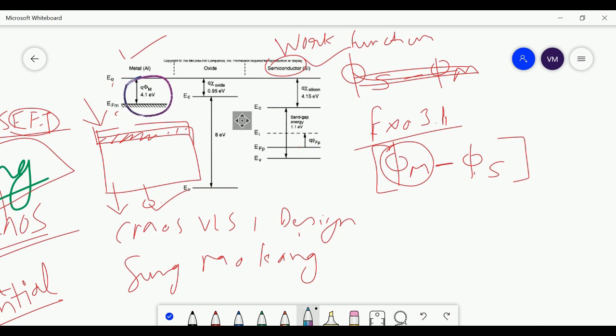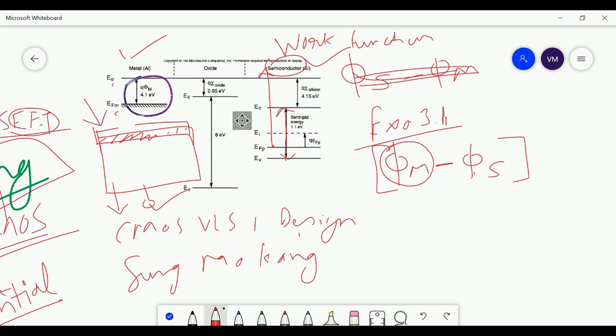Now let us calculate the work function of silicon. What is the work function of silicon? The amount of energy required to move this charge carrier out. Fine, this is the work function. Now how to calculate this? Let's see. To calculate this, we have already been given the band gap of silicon. We all know the band gap of silicon.